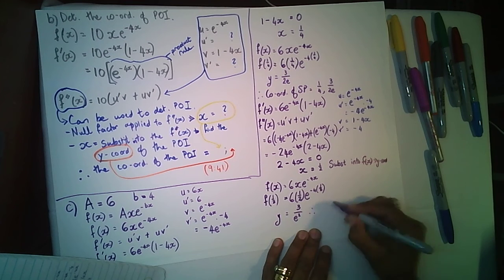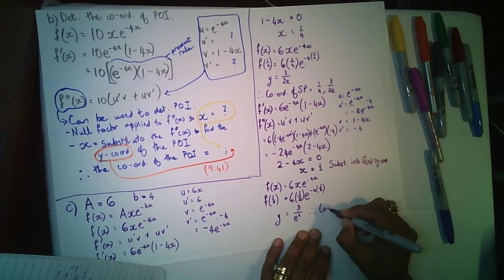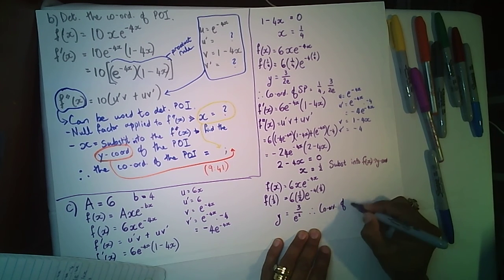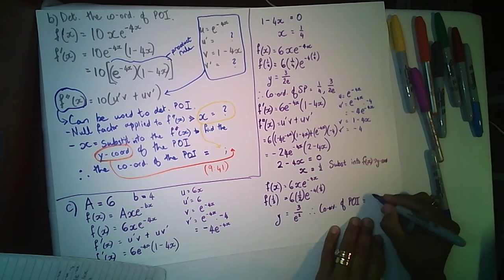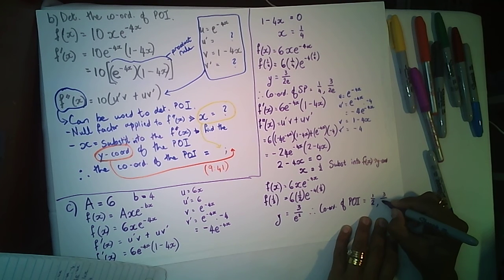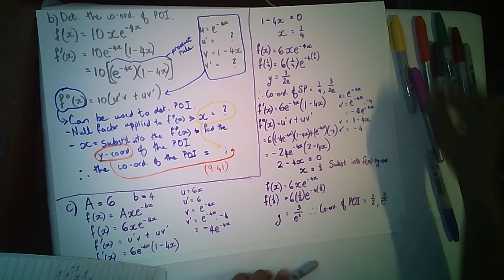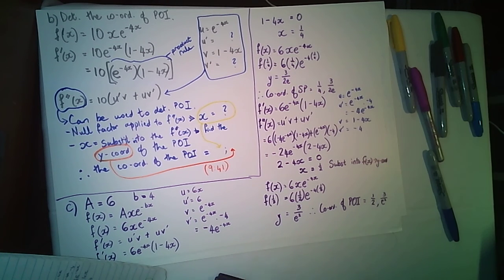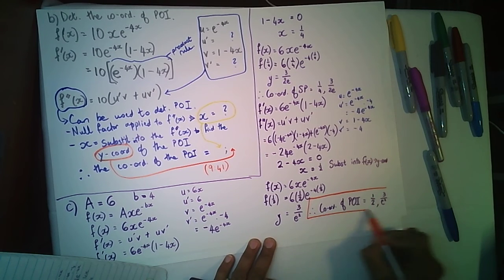So eventually our coordinates of the point of inflection is the x value of a half and the y value of 3 over e squared. I'm going to just highlight those 2 points because that's what we're essentially looking for every single time.